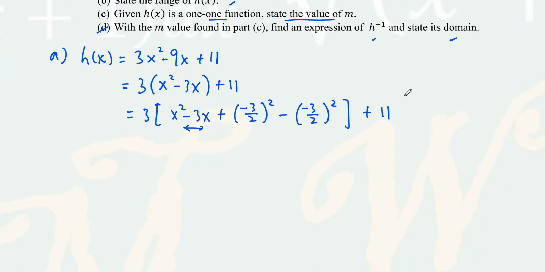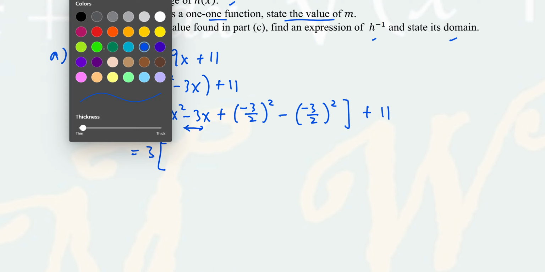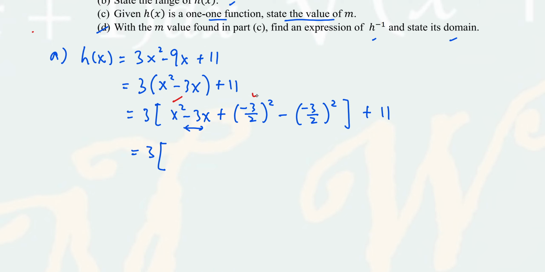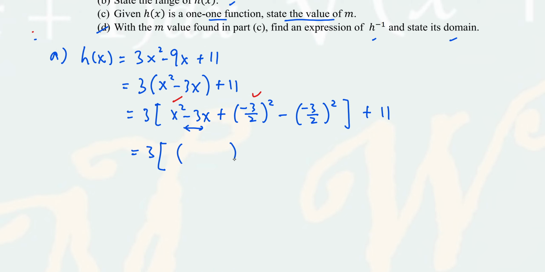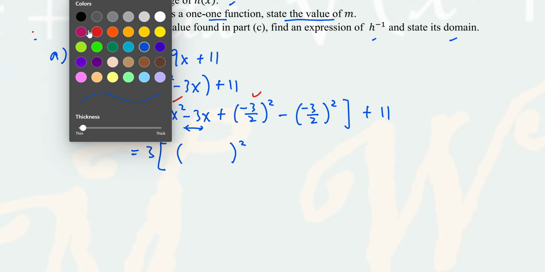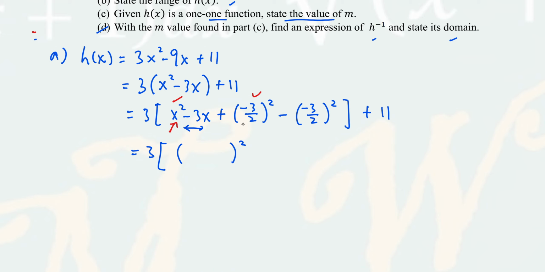Then combine the first and third term and factorize the square outside the bracket. Now write down the remaining terms, which will be x and minus 3 over 2, so I will be getting x minus 3 over 2 squared.